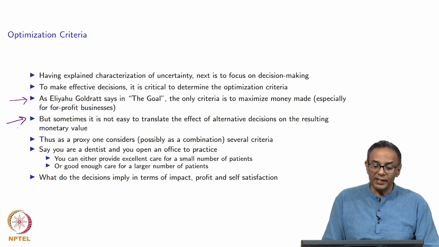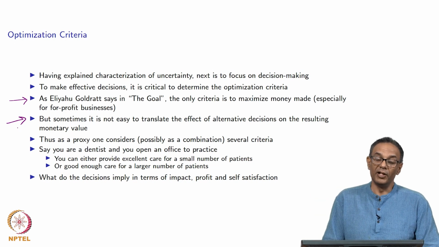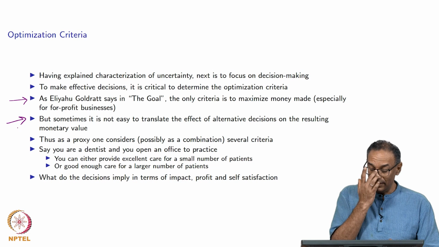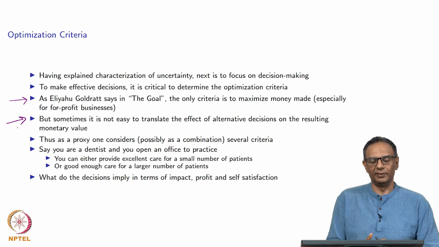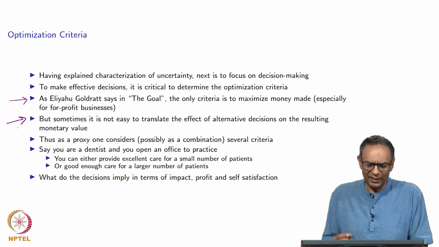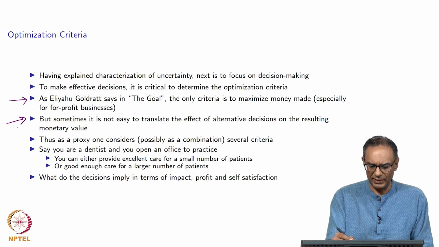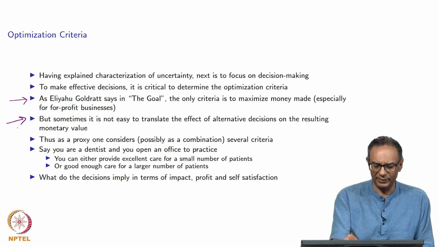It is not clear to them, going online, how much of an improvement in monetary value they're going to get. So they might use some other alternative ways of actually measuring things. So one uses several criteria as a combination. We'll see some of that a little bit later, but let's look at a simple example.